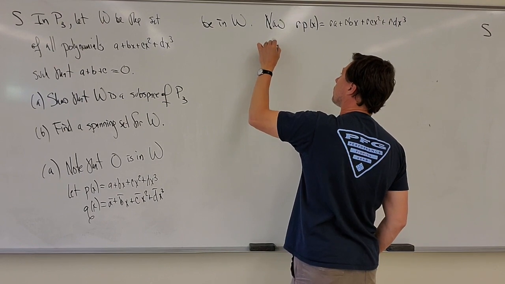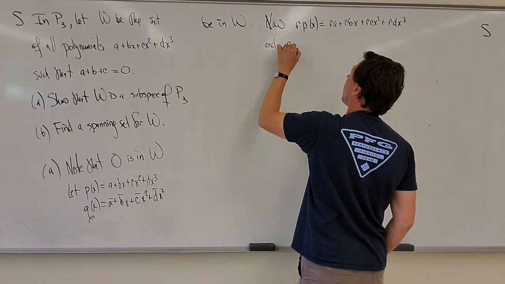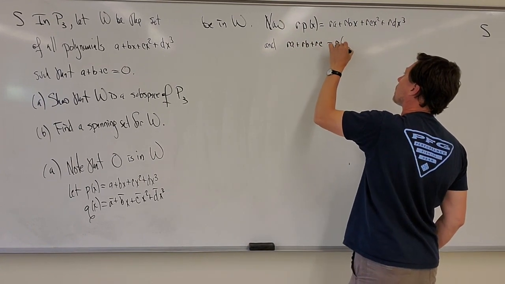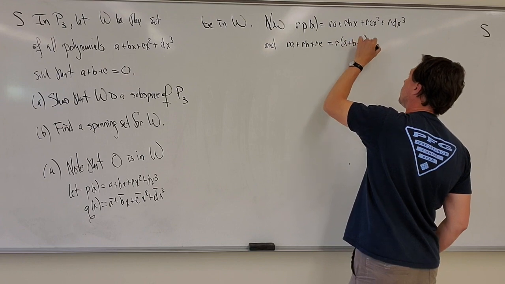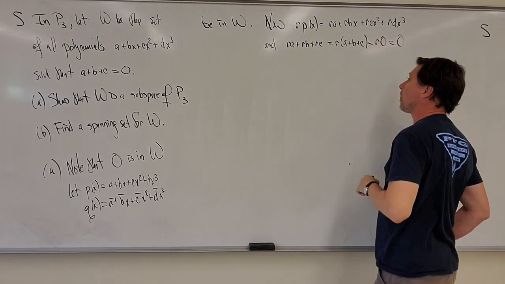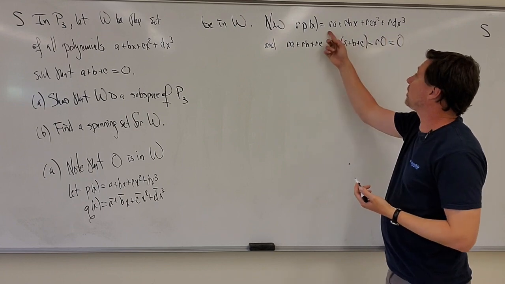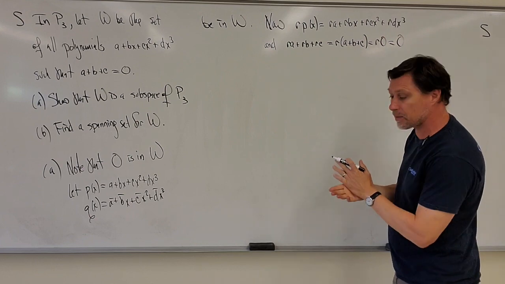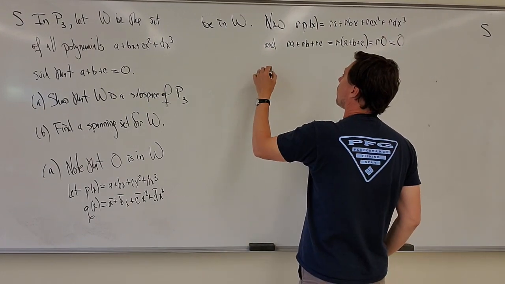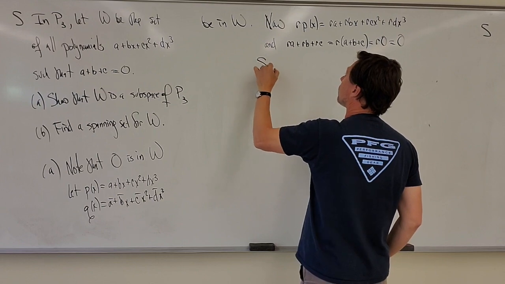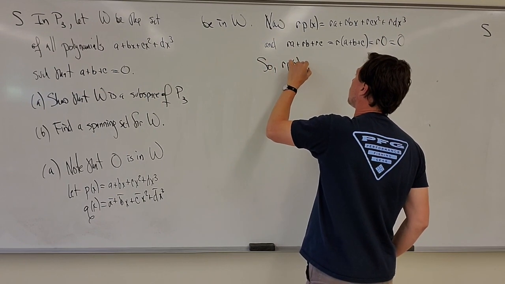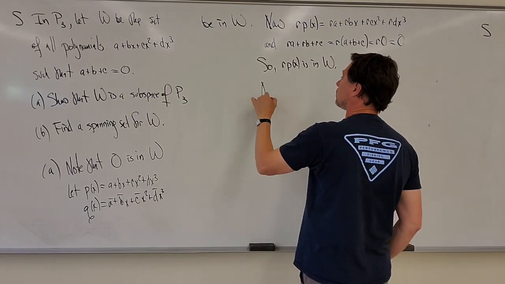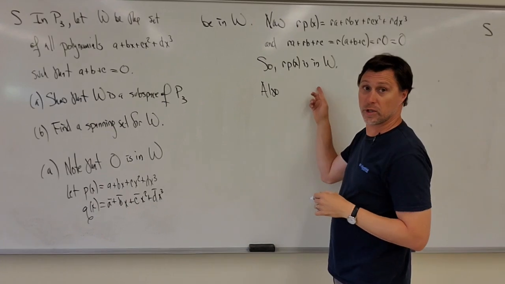And RA plus RB plus RC is equal to R times (A plus B plus C), which equals R times 0, which equals 0. So what I just did was look at this polynomial R times P of x, look at those coefficients, add them together, and get 0. So R times P of x is in W. What we just did is show it's closed under scalar multiplication.